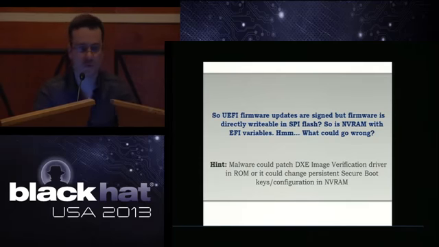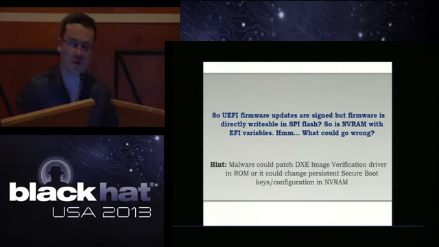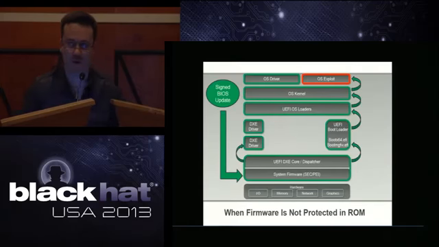Well, there's definitely something that can go wrong with that setup. For example, malware can patch the code directly without going through the update mechanism. So let's see how that exploit works. You've got an OS exploit, and the firmware is not protected in ROM.